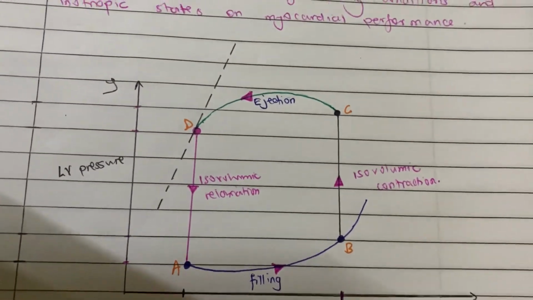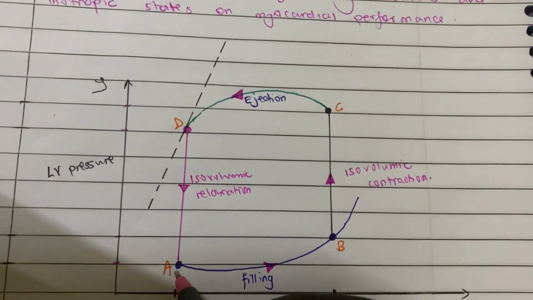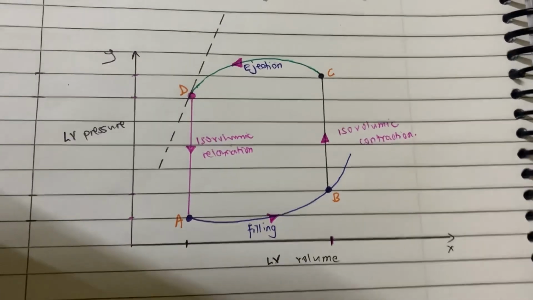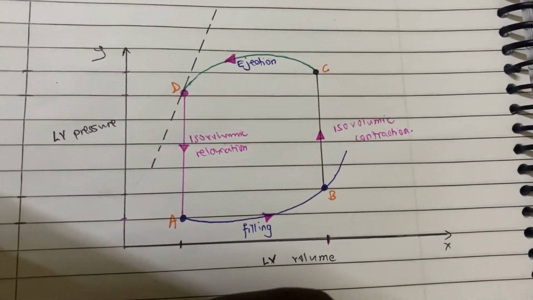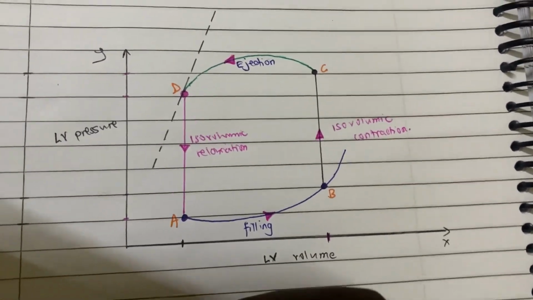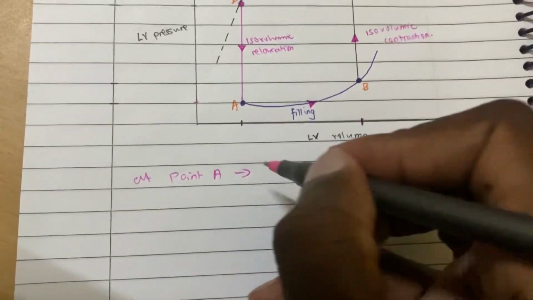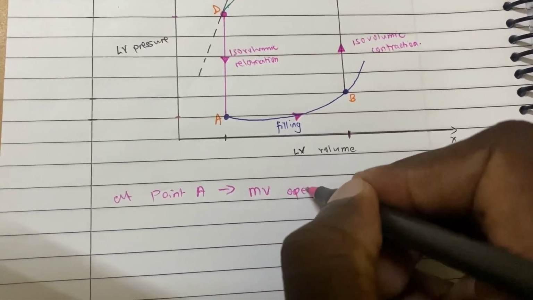So what do we have after isovolumic relaxation? Isovolumic relaxation is followed by mitral valve opening. So we are labeling point A. What happens at point A? We have mitral valve opening.